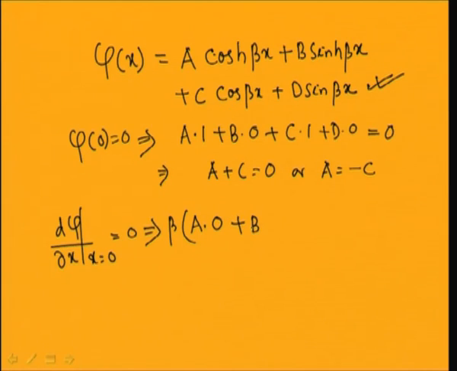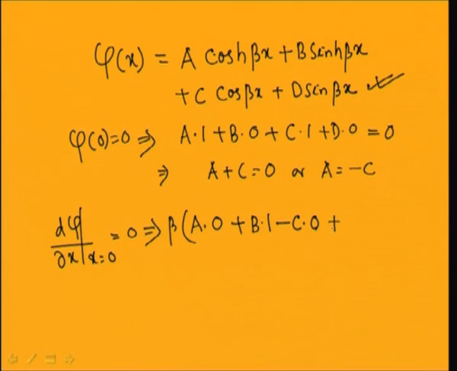Similarly, plus b, this becomes cos hyperbolic, and when I substitute x equal to 0, this becomes 1. Then the derivative of cos beta x becomes minus sin, so this becomes minus c into 0.